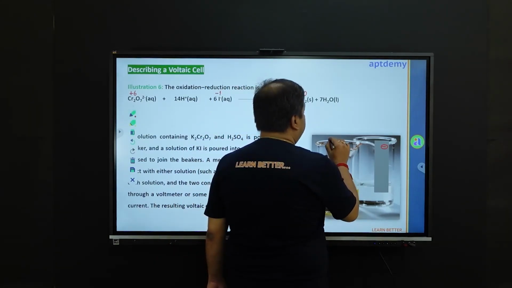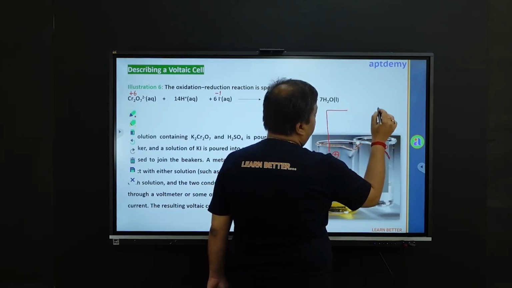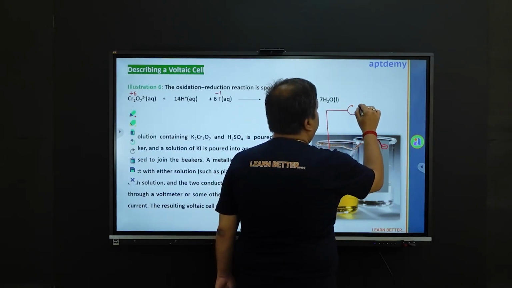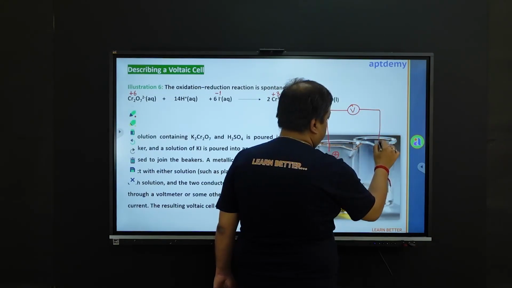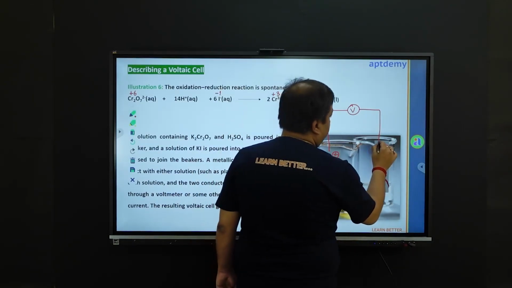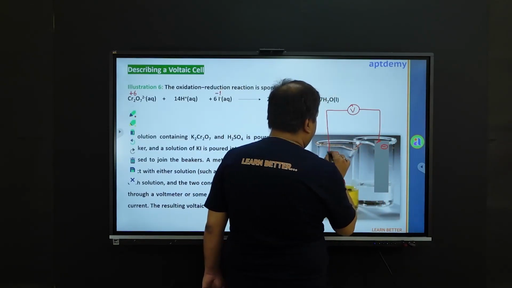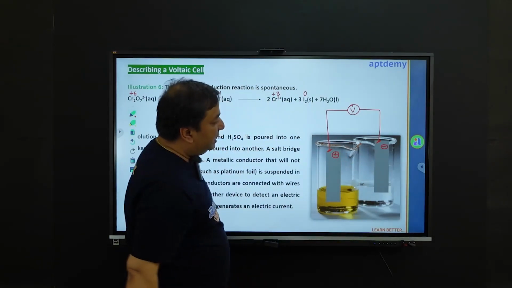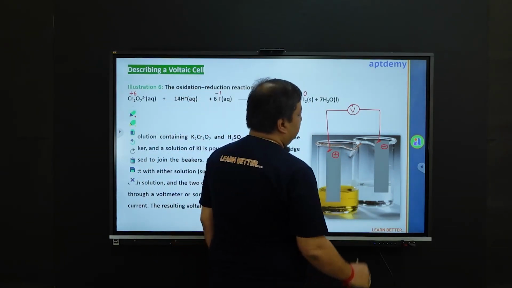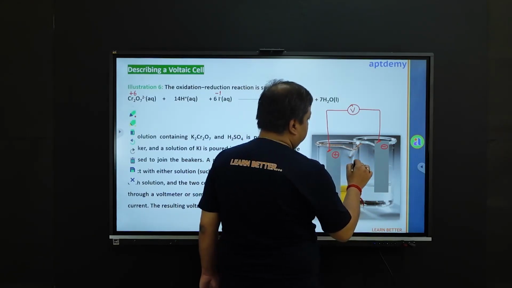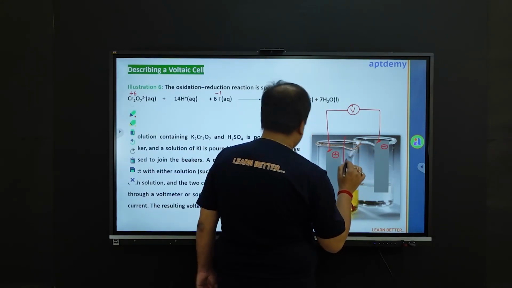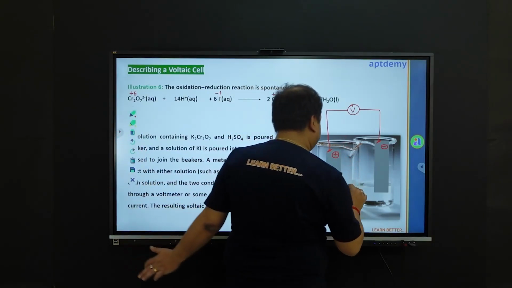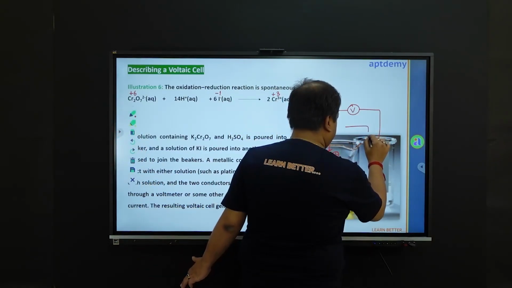Now let us connect these two via a copper wire, and let us call this the voltmeter. Suppose these are connected via some crocodile clip. Let me first join the beakers with a salt bridge. Let us call this a U-shaped tube.